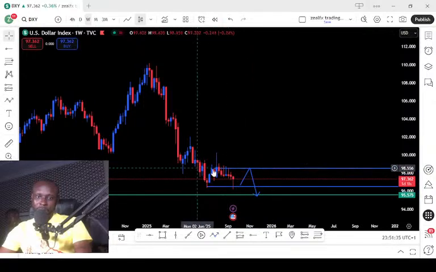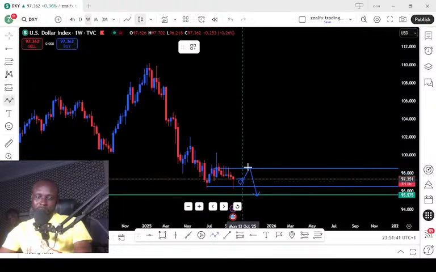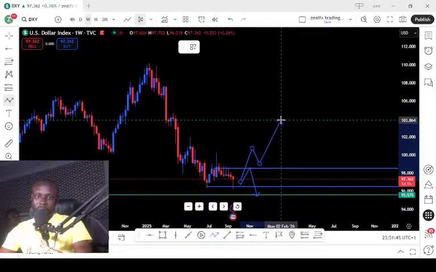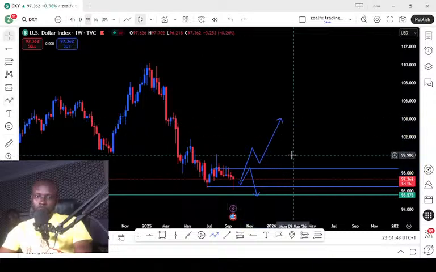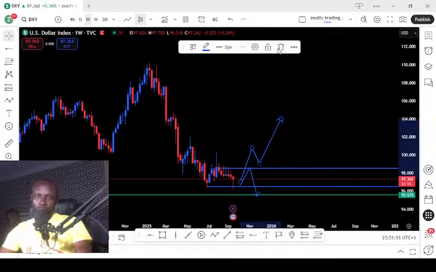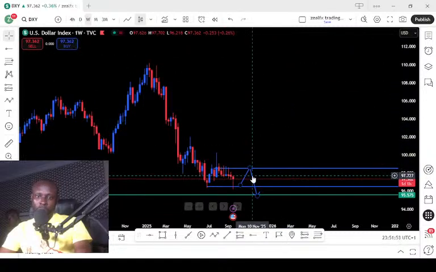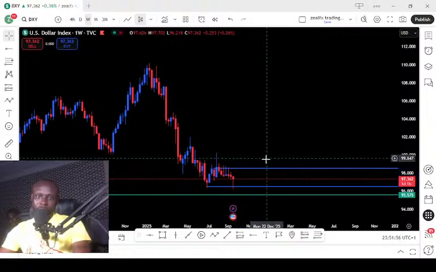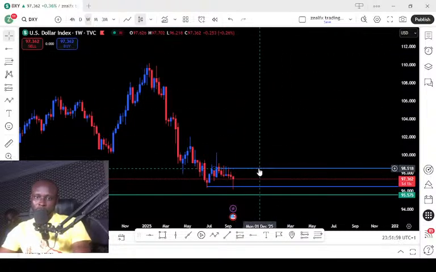Then if price breaks out of this resistance, we might be seeing resumption of uptrend for DSY to the top. So this week we wait for DSY to close above this support, then we'll start expecting price to move to this next resistance level on the weekly chart.